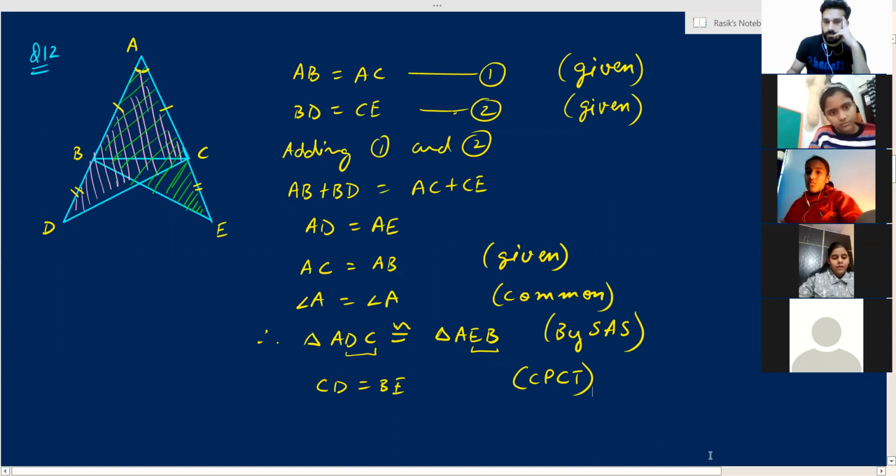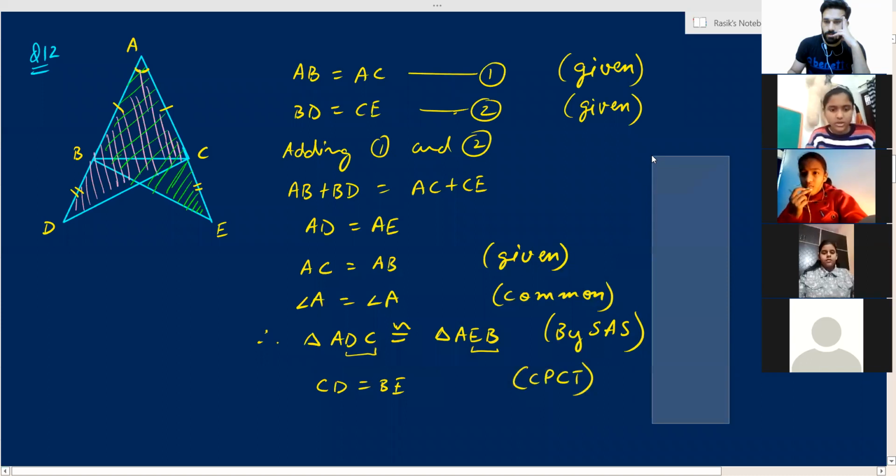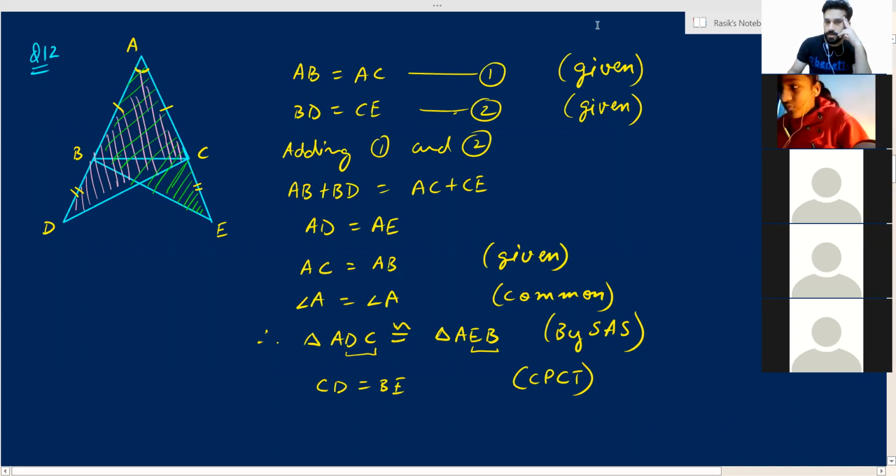Question 12. Can we start with question 13 now? Yes, please send it. Those who are left: Sania, Zehra. Anyone else left? Vrinda. Sir, I have not added. Are you doing maths these days or not? Soumya, have you done?